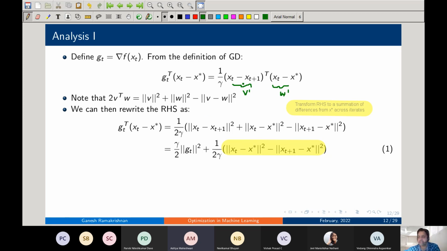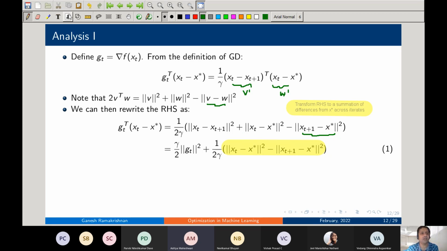And when you subtract xt minus xt plus 1 from that, you subtract xt minus x star, you basically end up getting xt plus 1 minus x star. This is the expression you get. V minus w square is xt plus 1 minus x star square. So now what have we got?